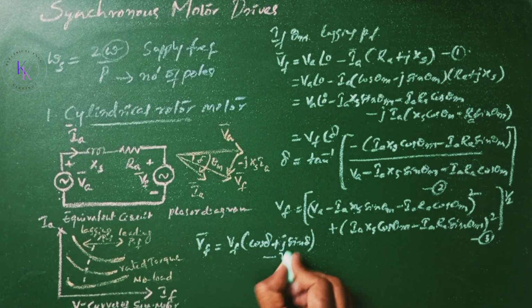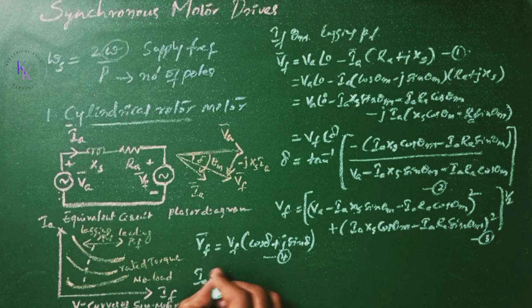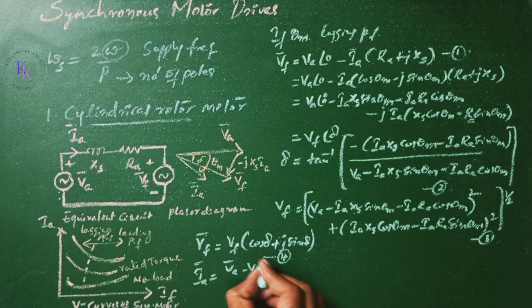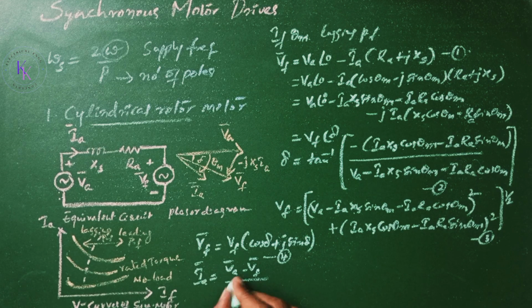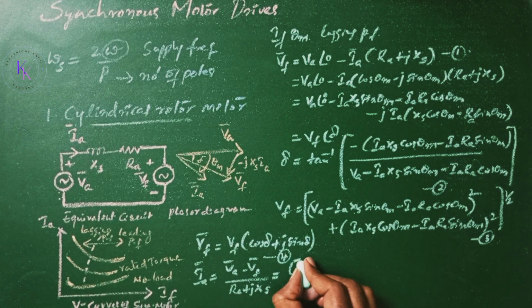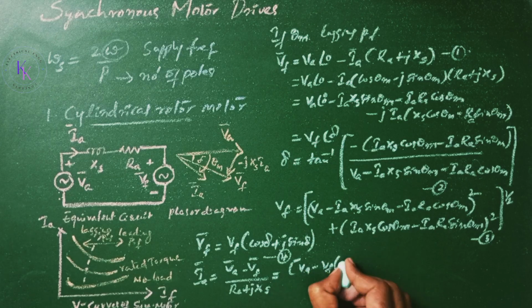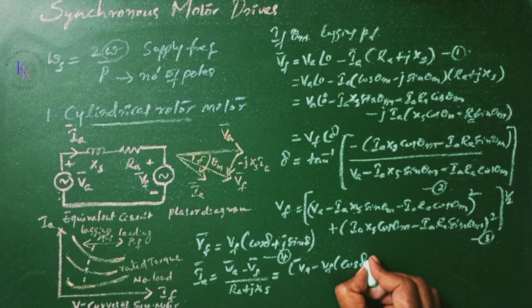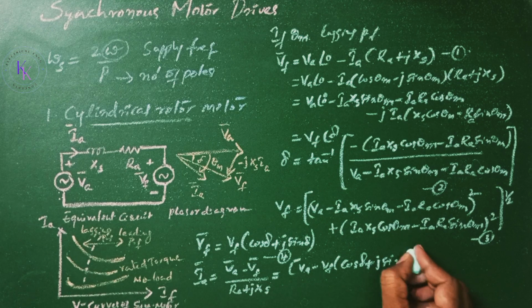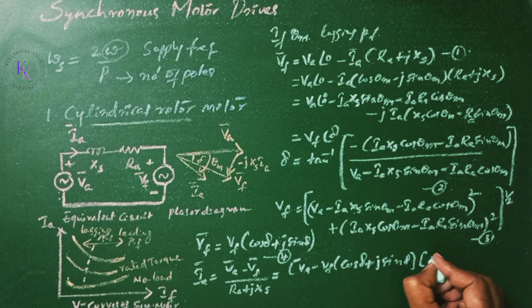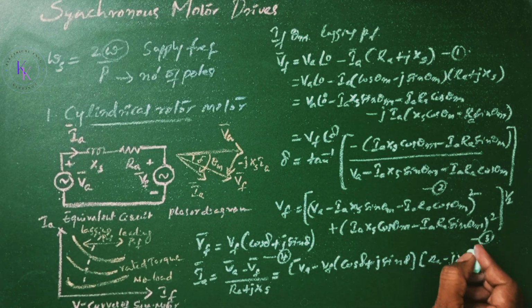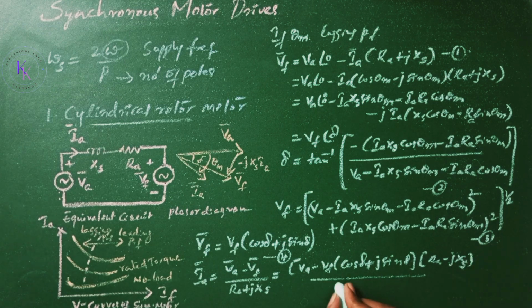Let it be equation number 4. Ia equals Va minus Vf divided by Ra plus j XS, which equals Va minus Vf cos delta plus j sin delta of Ra minus j XS divided by Ra square plus XS square. Let this be equation number 5.